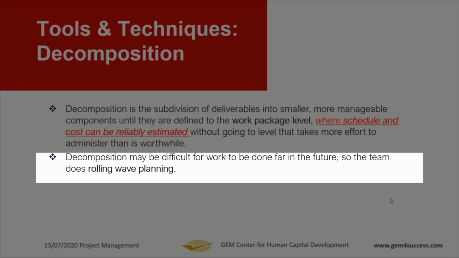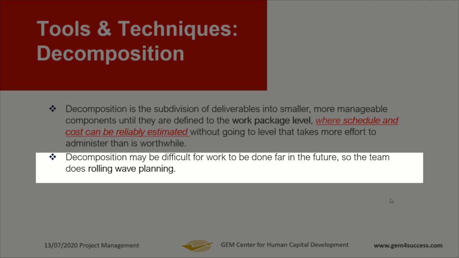So decomposition may be difficult for work to be done far in the future. So the team does rolling wave planning. What this means essentially is that because we are not God, it will be difficult for us to decompose some things that we really don't have so much information about, or it is so far from now that there's so much uncertainty about how it will be broken down.